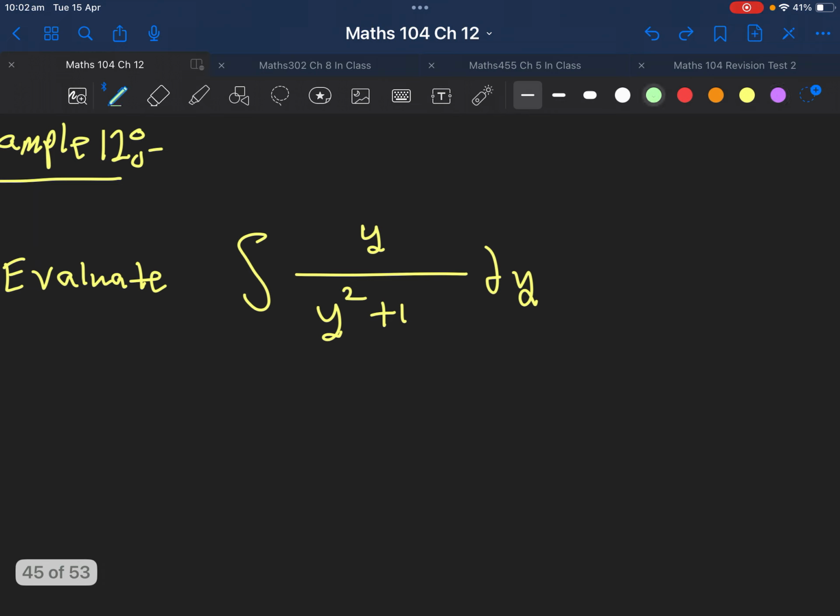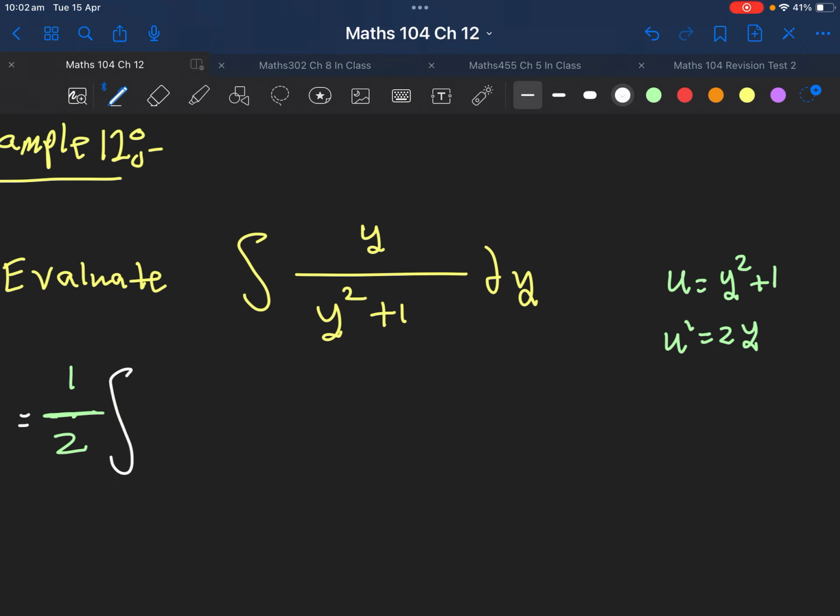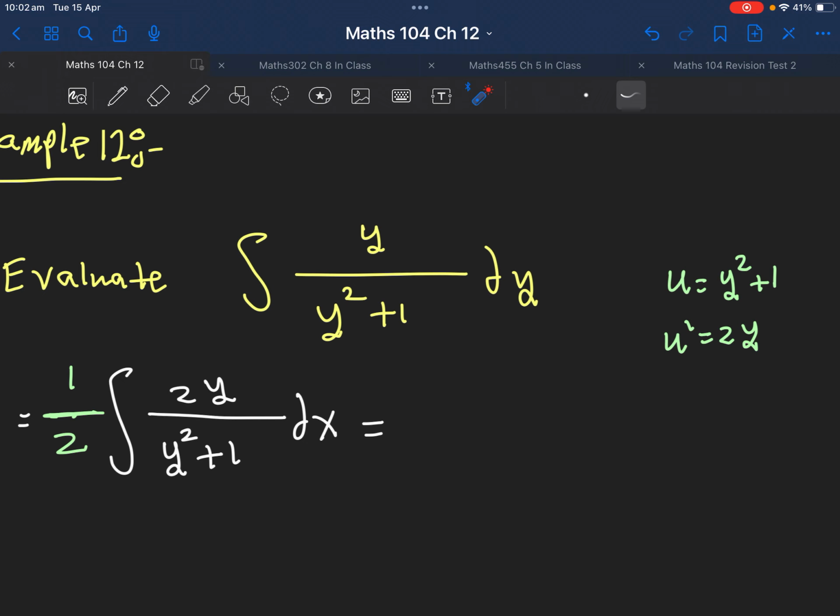So in this question, the first step, we identify that the denominator is just y squared plus 1. So the derivative is 2y. So what do I need? I need to have 2y in the numerator. Now I have a perfect derivative in the numerator and I have the function in the denominator.